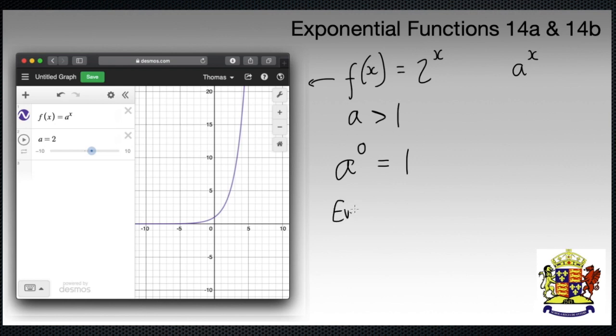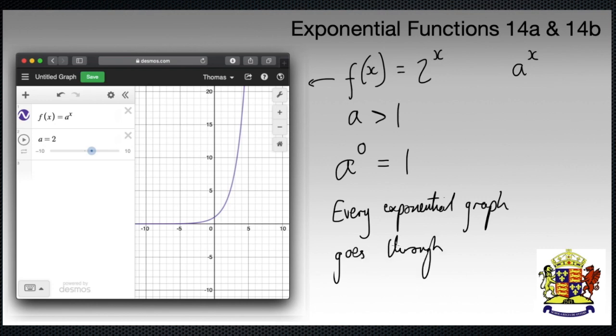So every exponential graph goes through (0, 1), as long as you haven't translated it. So I'm just going to put a little star before transformations, because we can always move a graph.